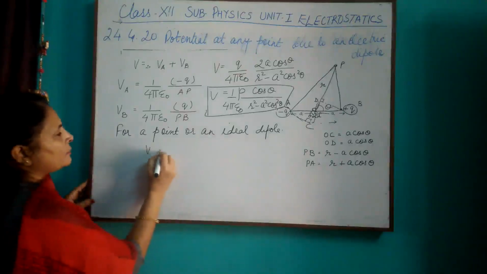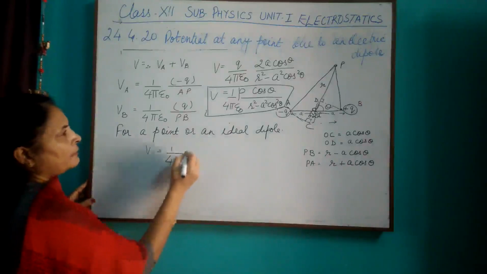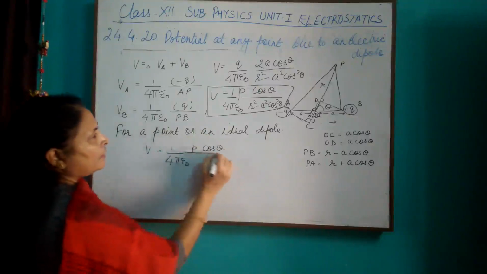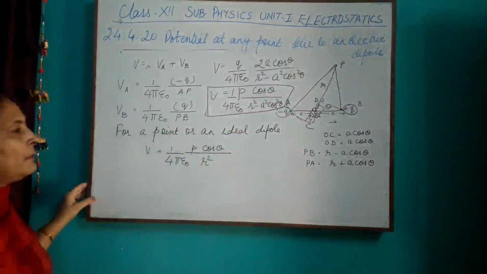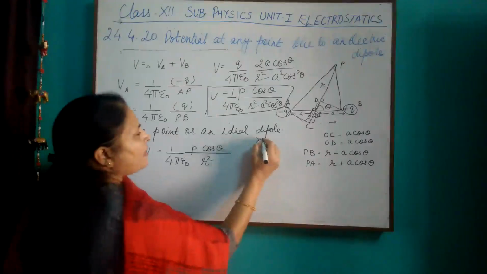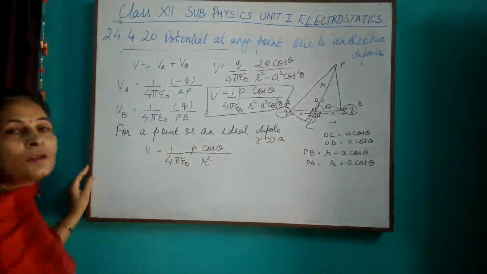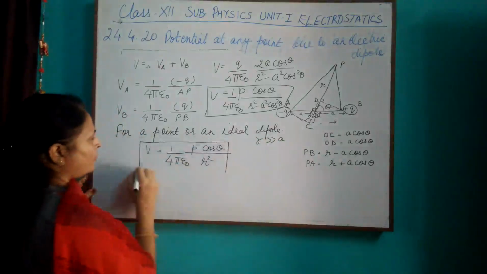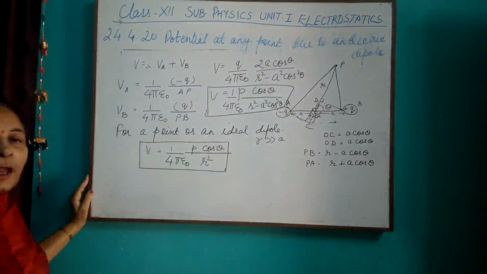So V is equal to 1 upon 4 pi epsilon naught P cos theta upon R square. For an ideal dipole, R is very much greater than A, or A is very, very small. So this will be an expression for electric dipole at any point.